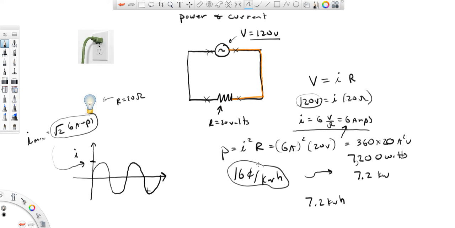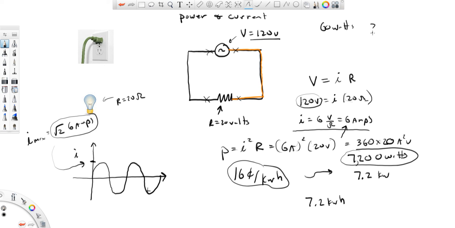That's a relatively large number compared to a light bulb. Our light bulb here, 7,200 watts, is an awfully bright bulb. Most of the bulbs you buy are like 60-watt light bulbs.